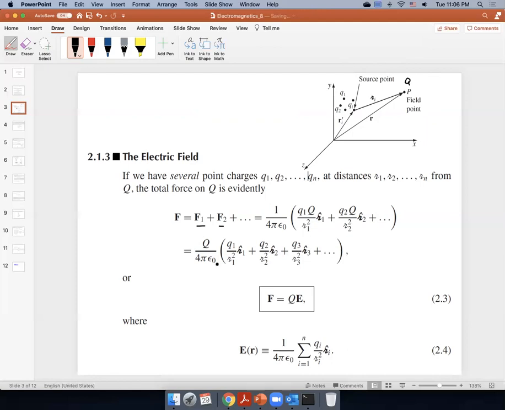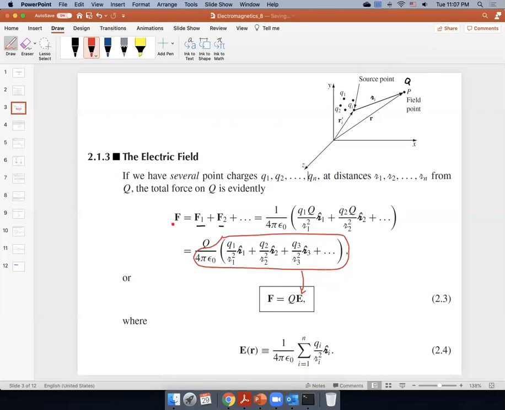And then we can take this part out and write it as E, the electric field. So that is the electric field generated by all the source charges.